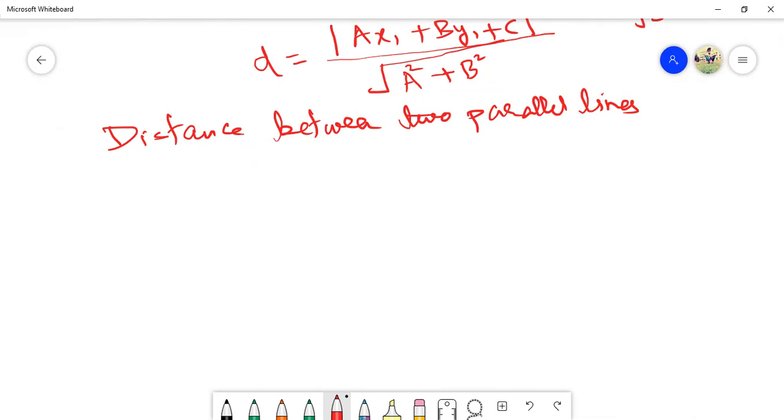If two lines are parallel, suppose the lines are given in this form.